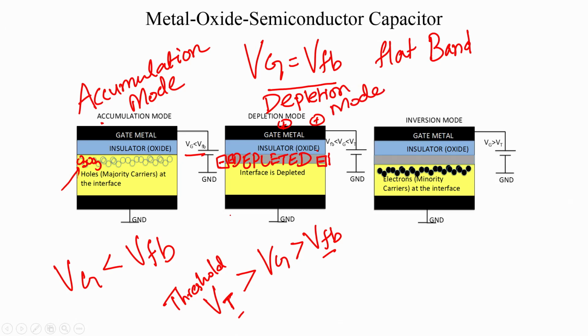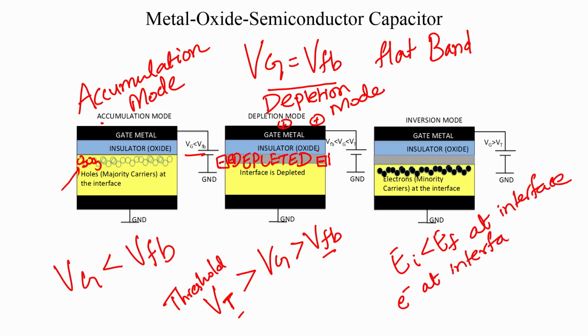And then when you start increasing Vg further and further, you will reach a point where EI starts going below EF at the interface, and electrons will start appearing at the interface.